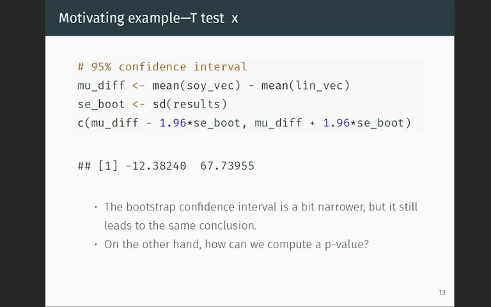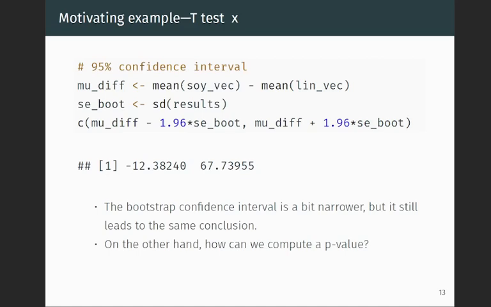Next, I can estimate my standard error by taking the standard deviation of all of the bootstrap differences in means. And finally, we can compute the confidence interval as mu diff plus or minus 1.96 times the standard error estimate. And the confidence interval we get still includes 0. It's minus 12 to 67. It's a bit narrower.